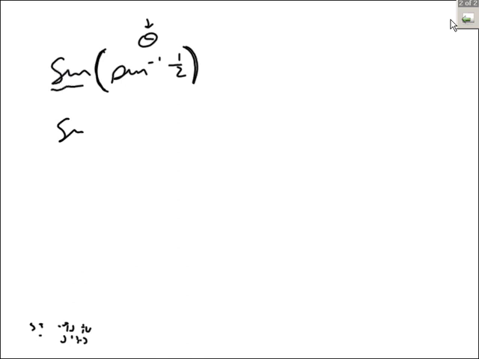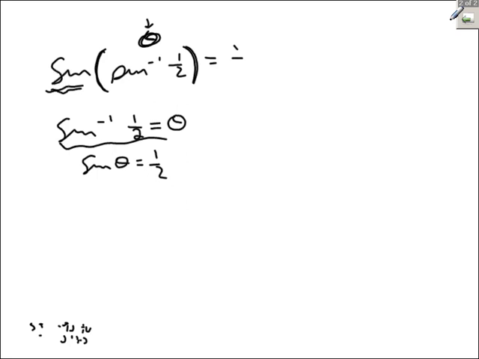Well, let's look at the angle more carefully. We're calling it theta. This statement right here says the sine of theta is equal to a half. But that's what we want. We want the sine of theta. Oh, it's a half. Done. Finished.